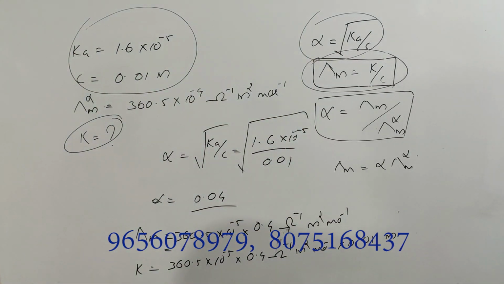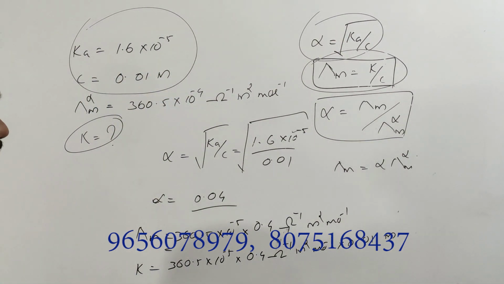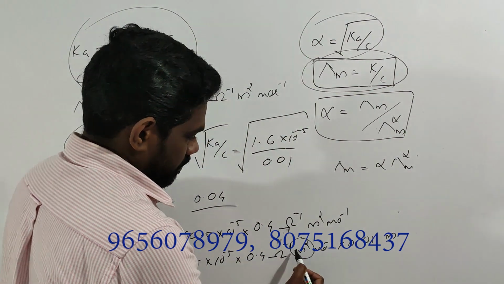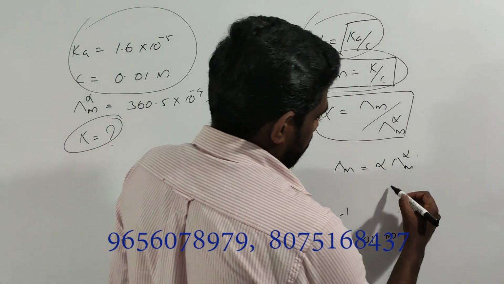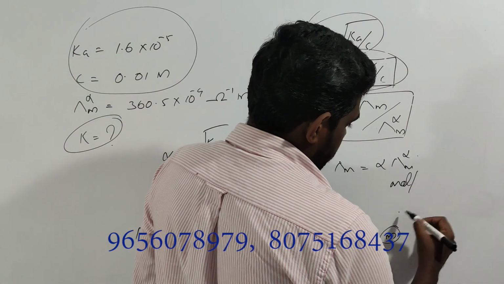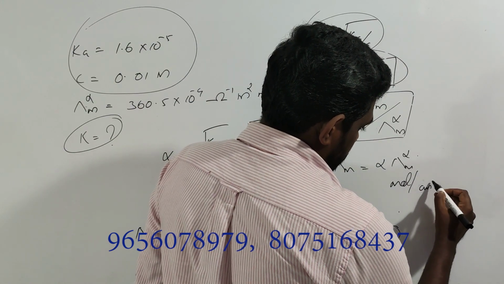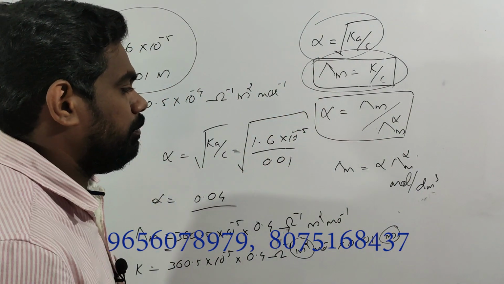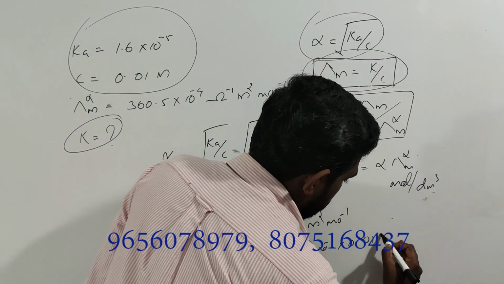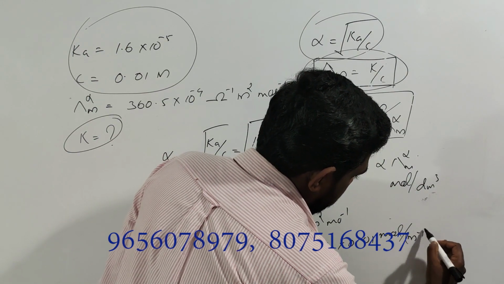Molar means mole per liter, this is molarity. Here it is in meter square, so we should represent it in meters. Mole per liter means mole per dm cube, so mole per meter raised to minus 1 cube.